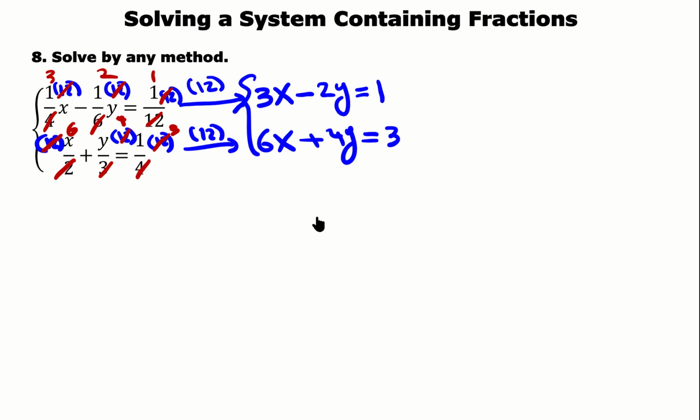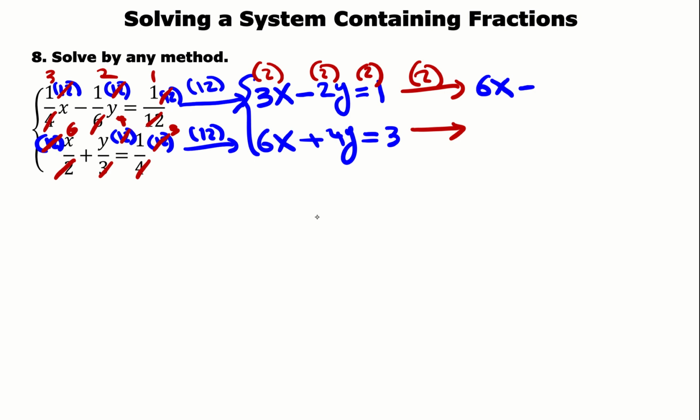So now it'll be much quicker to do so. So we're going to multiply the top equation by 2. And we will leave the second equation alone. So now when we do that, don't forget you need to multiply each of these by 2 because of distribution.